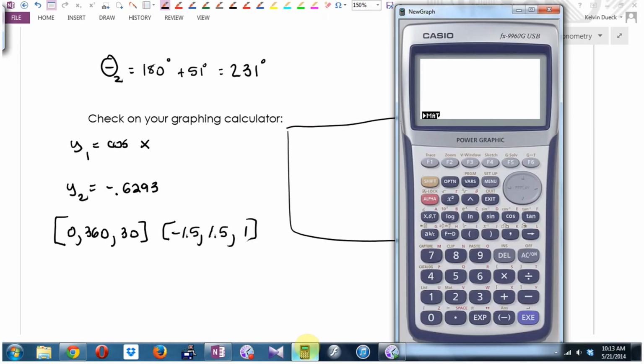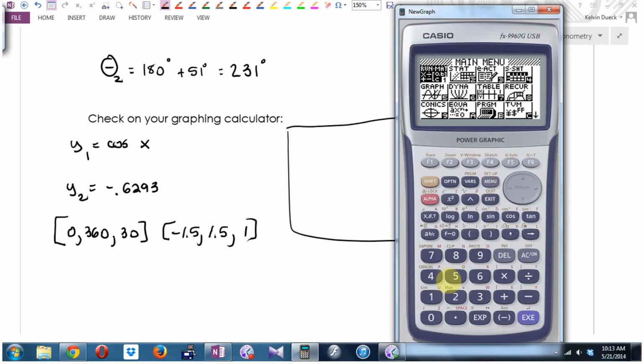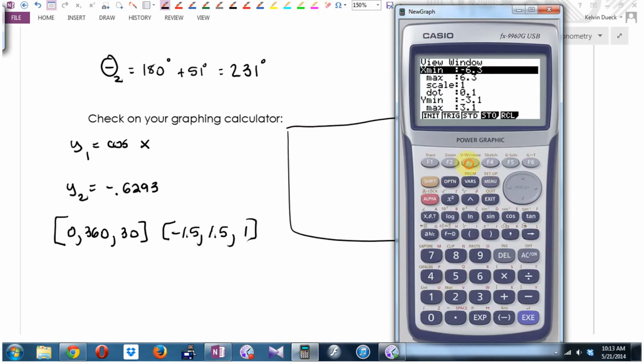So if I set up my calculator, if I go into the graph menu, and I set up my view window, I'm going to go from 0 to 360, scale of 30 degrees. Negative 1.5 to 1.5, scale, sure, 1.